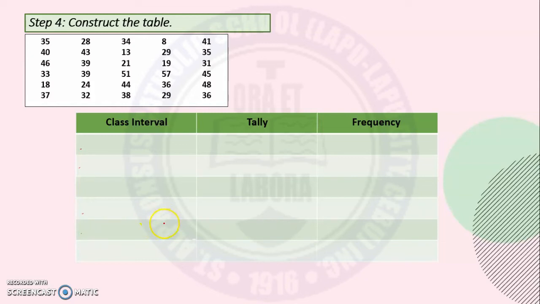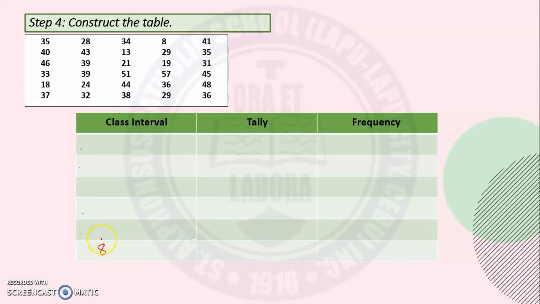Now let's solve for our lower limits. When we say lower limits, these are the numbers that are found on the left side of the class interval. Our first lower limit will be our smallest quantity, and that is 8. So we will write 8. Next, to get our next lower limit, we will add the class interval, which is the value of I, and that is 9.